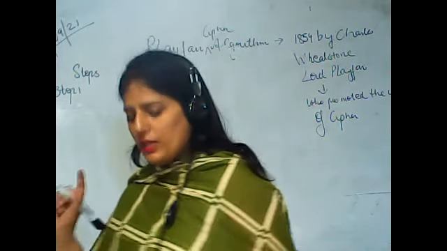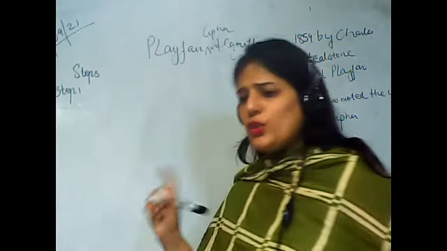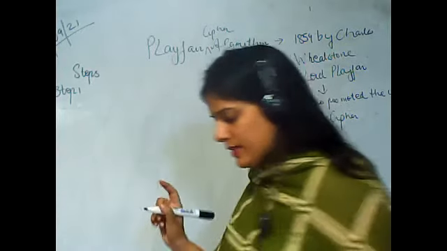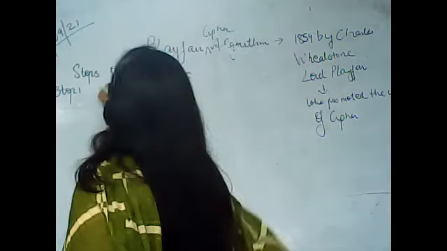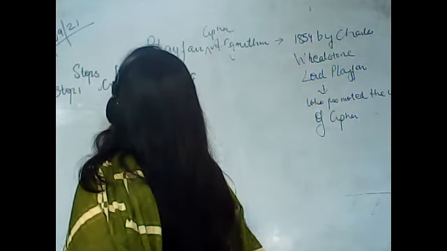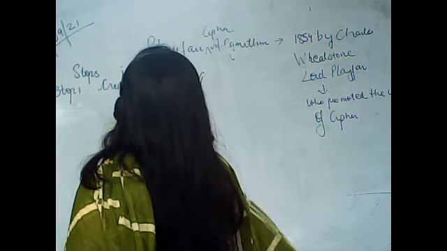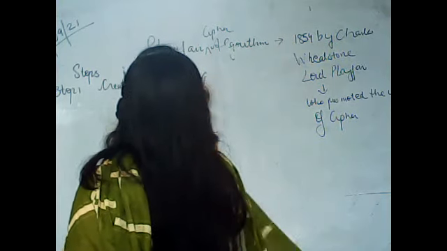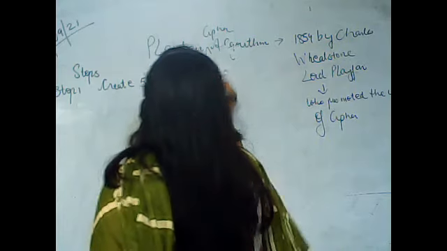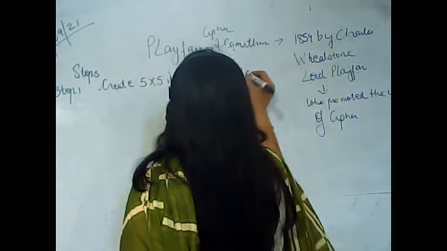The very first step is that we should create a 5 by 5 matrix, a grid of letters.